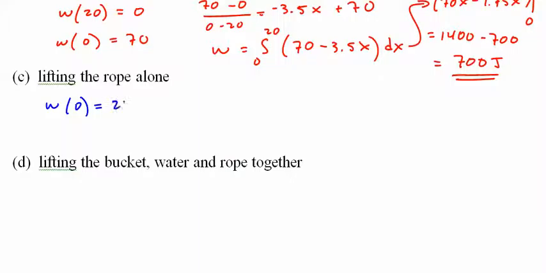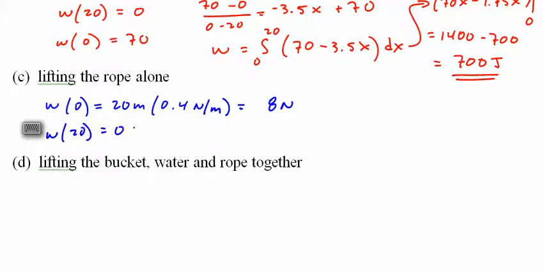So 20 meters times 0.4 newtons per meter equals 8 newtons. And then at the top, after 20, basically equals nothing.